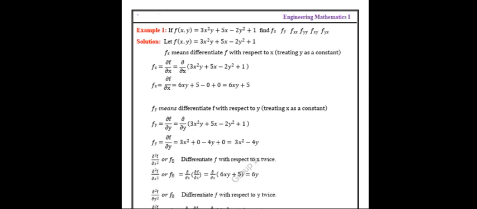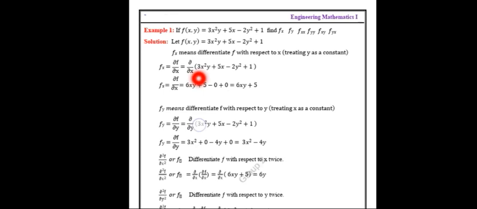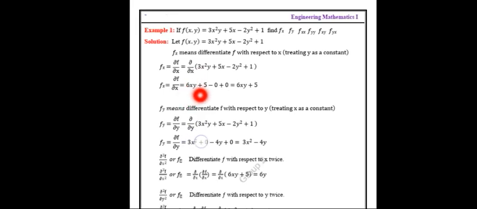Our f is 3x square y plus 5x minus 2y square plus 1. Differentiating f with respect to x gives us 6xy plus 5, and minus 0 we are not considering. So our final answer is 6xy plus 5.